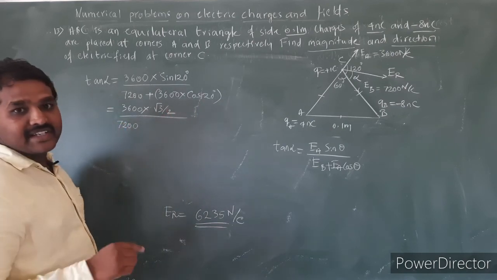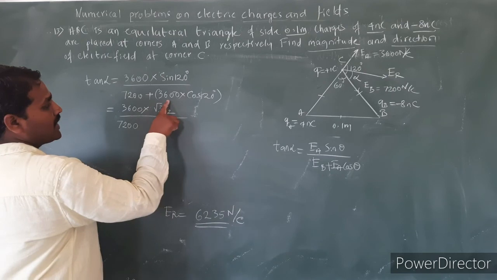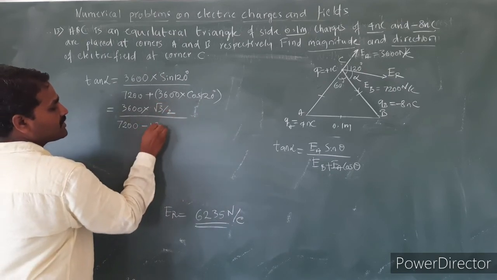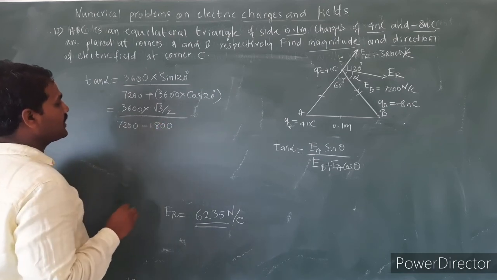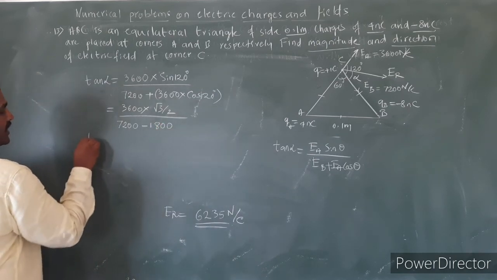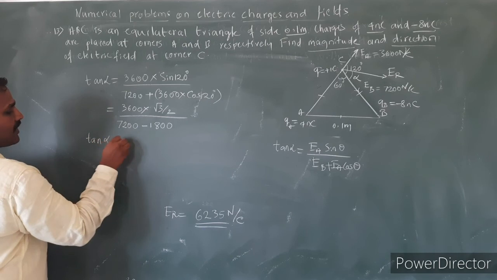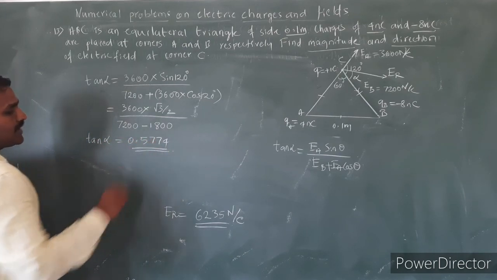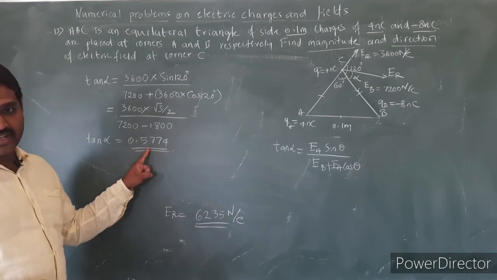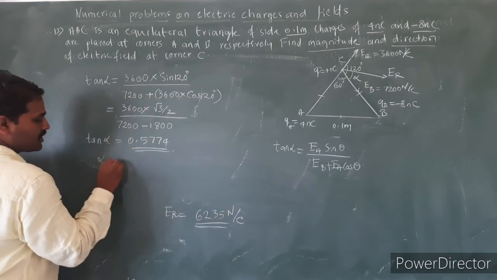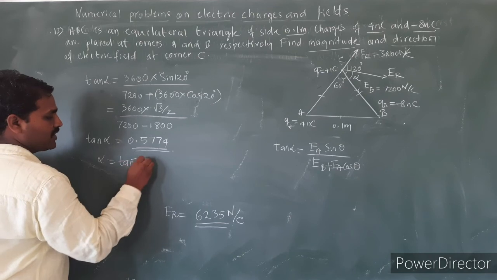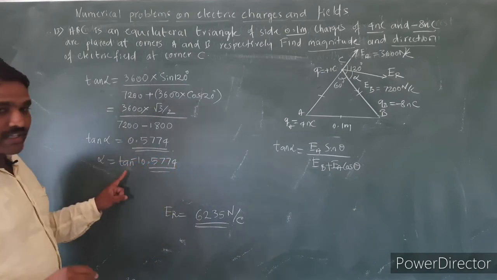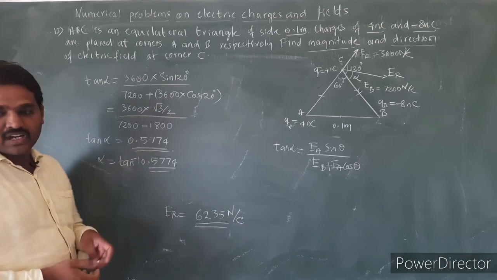Cos 120 degrees is minus 1 by 2, so 3600 into minus 1 by 2, I will directly write as minus 1800. If I simplify this, I will get tan alpha as 0.5774. So alpha is equal to tan inverse of 0.5774.